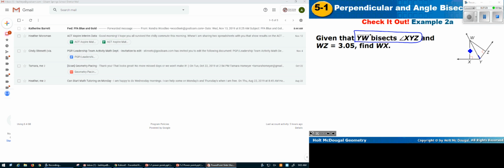YW, which is this line, is bisecting angle XYZ. So what does that tell me in the picture right now? What could I mark? Oh, that XYW is congruent to ZYW. Exactly. So it's telling us that that angle is being bisected, so it's being split into two congruent parts. What does this theorem tell us then?